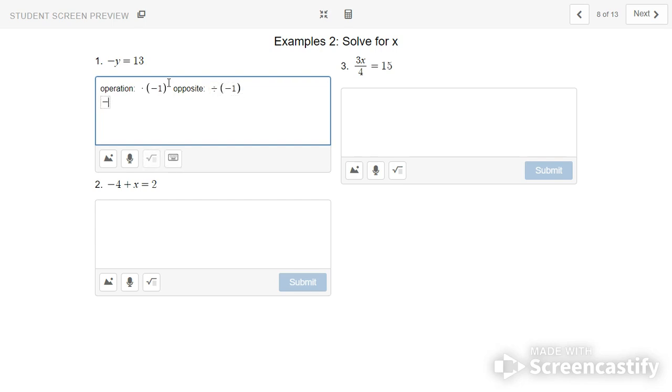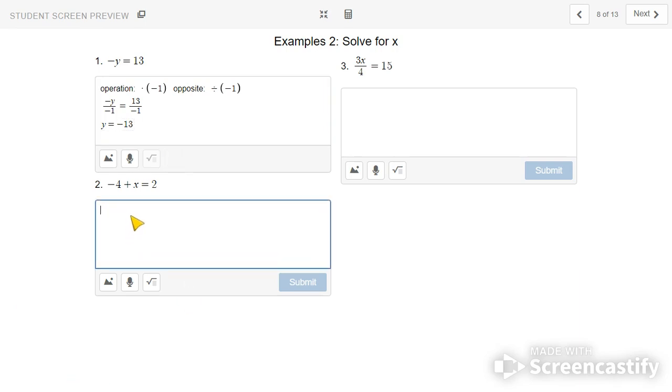So we have negative y divided by -1 is equal to 13 over -1. When we simplify it, y is equal to -13.